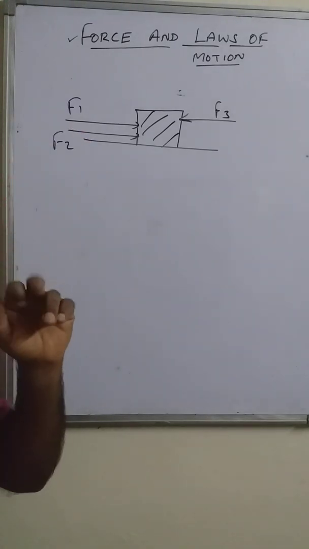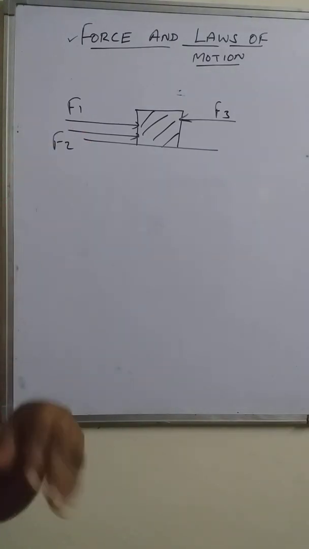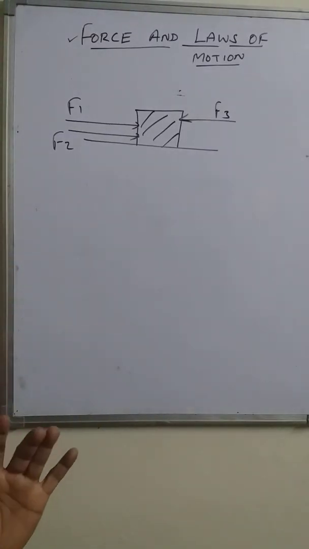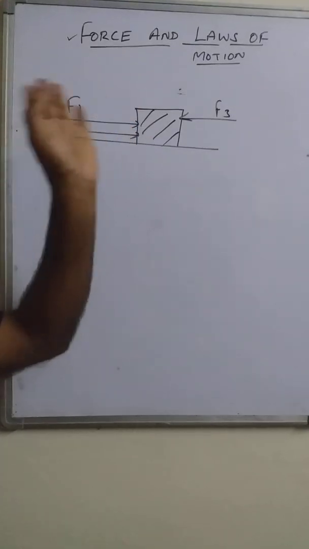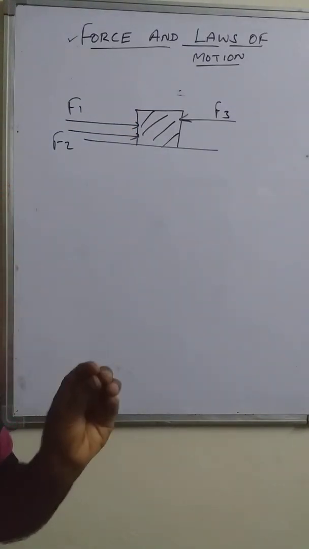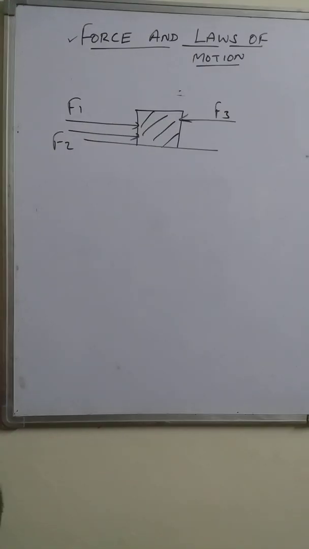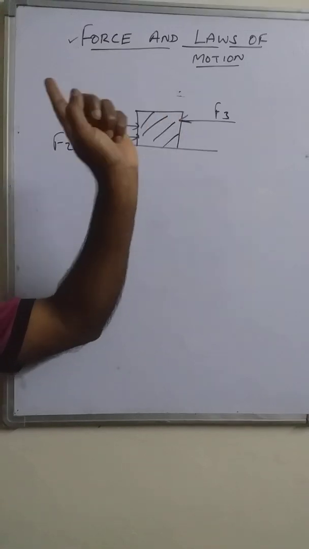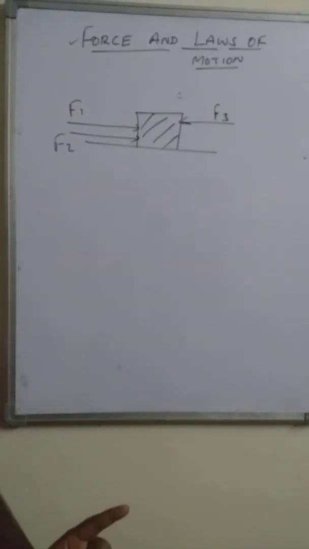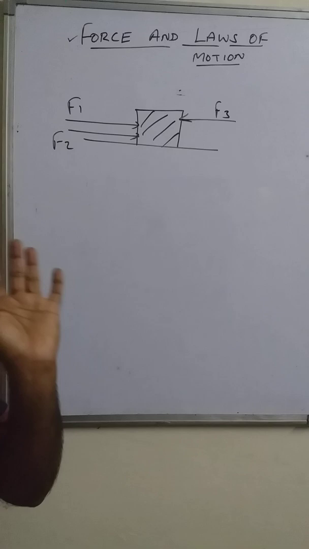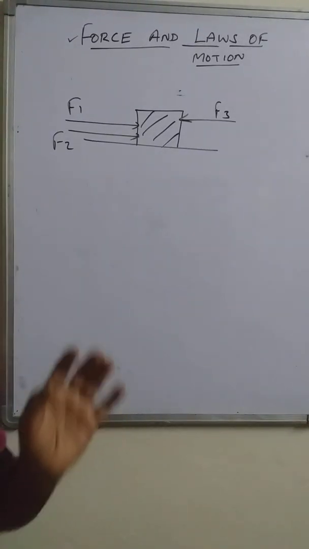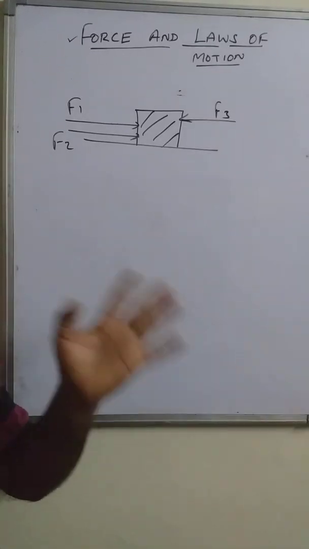Then 2 forces can also do the same thing. 3 forces can also do the same thing. So in this way, any number of forces can be applied on a single object, and all the forces acting on this object may or may not produce the effect.